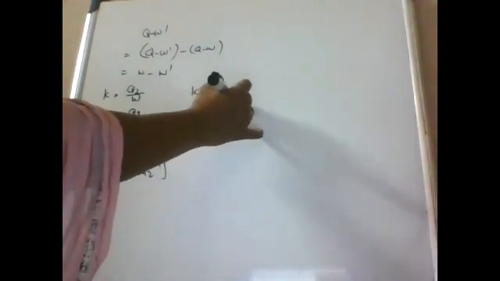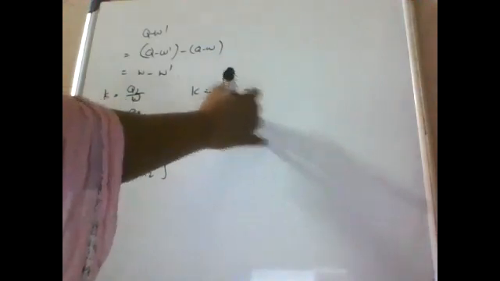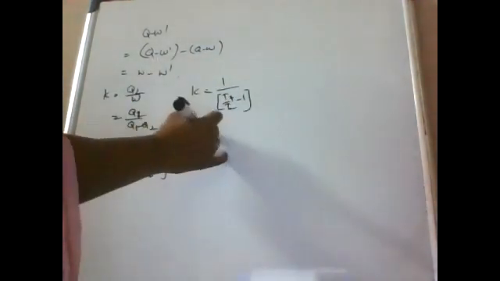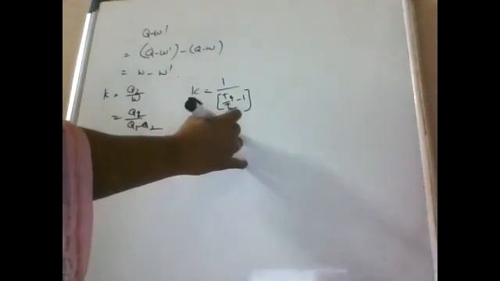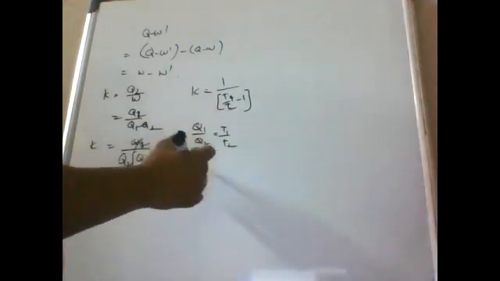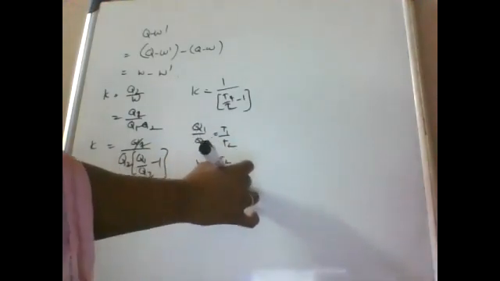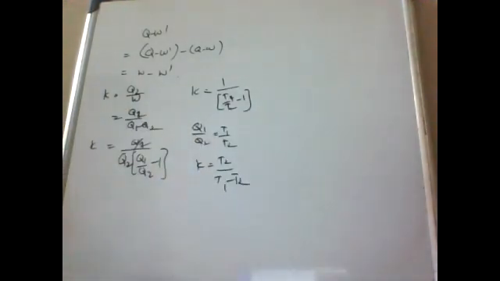So T1 by T2 minus 1. Or from Q1 by Q2 equal to T1 by T2, substitute values, then we get K equals T2 by T1 minus T2. So this is the coefficient of performance.